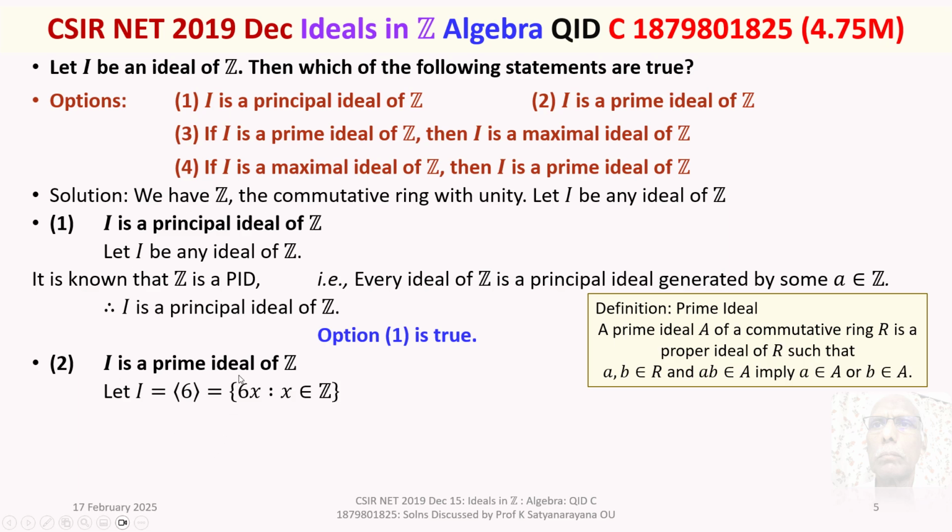That is the set of all 6x, the integer multiples of 6, which are the elements of I. Right. Take two elements, 2 and 3.